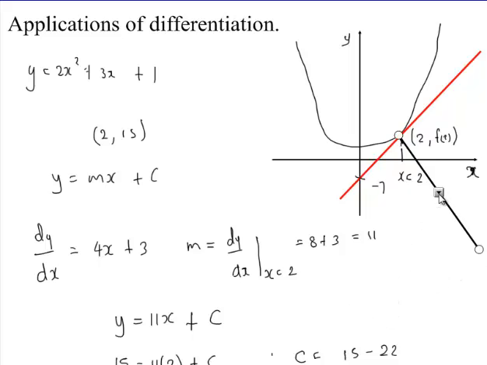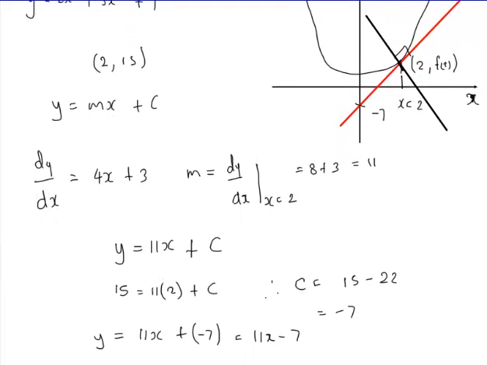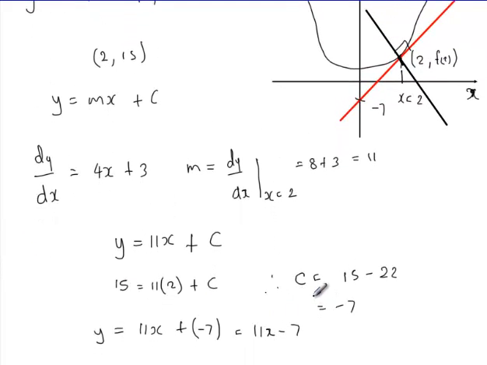Let's shift it there. Then we know that the angle there is what? 90 degrees. Then you must recall something you learned from school. Two lines which are perpendicular to each other, what relates them? The gradient of the two, what happens?